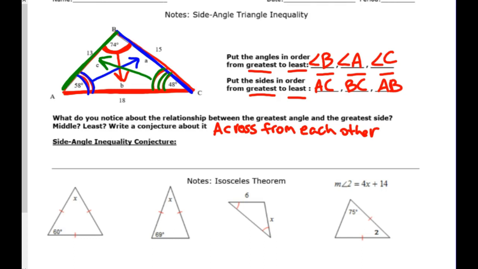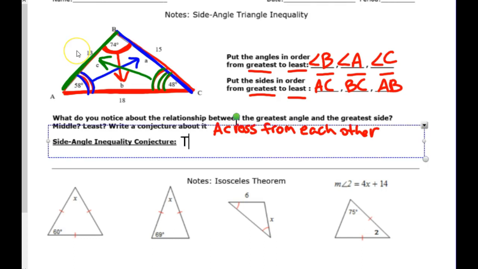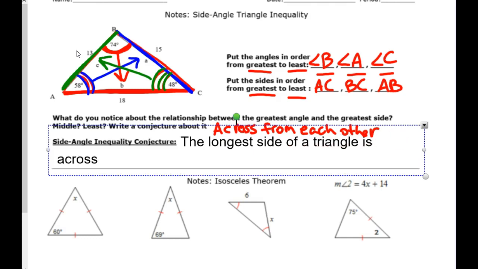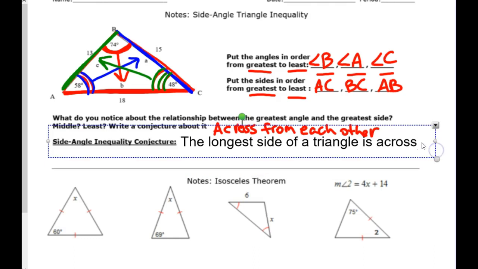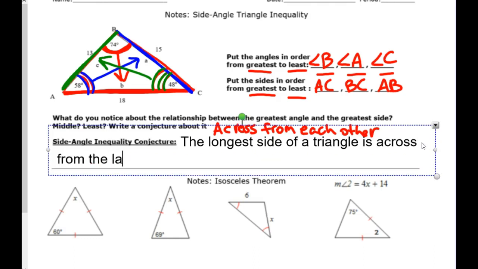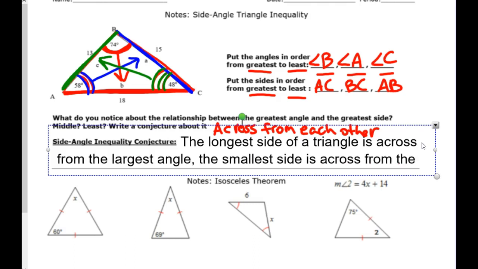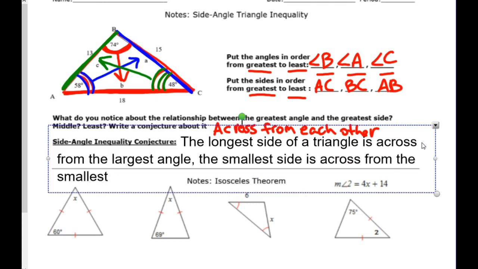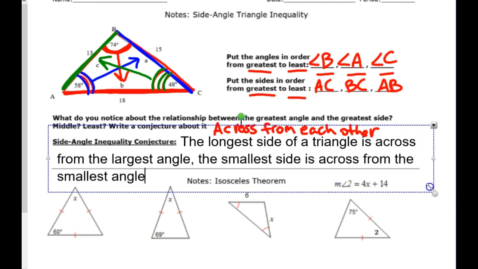So we want to be able to write a conjecture so we can be able to put these sides and angles in order.